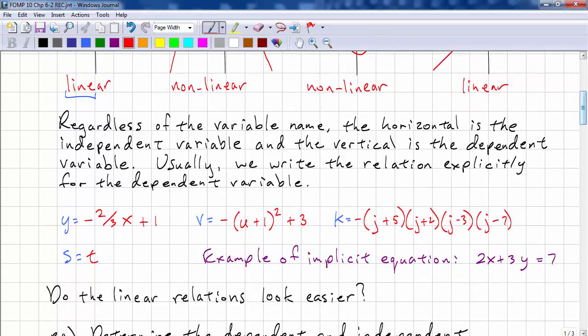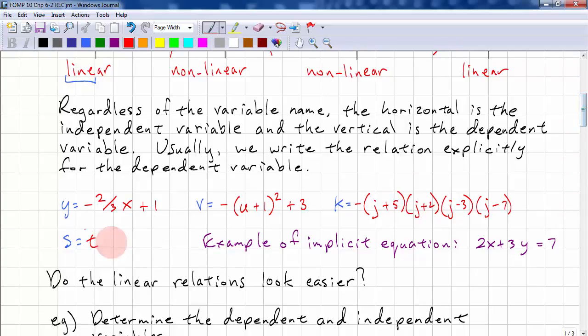Now, regardless of the variable name, the horizontal is the independent variable, and the vertical is the dependent variable. And usually we write the relation explicitly for the dependent variable. So y is the dependent variable.